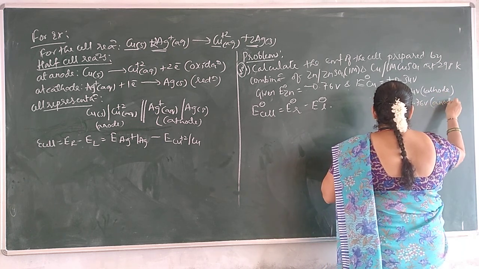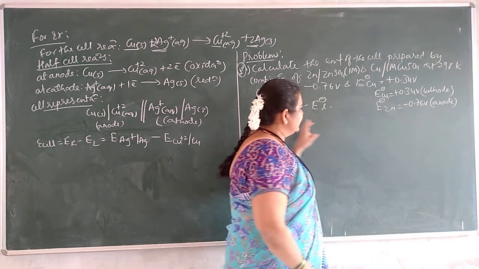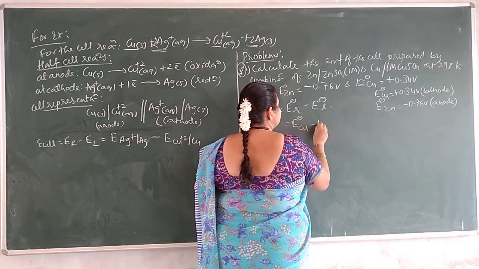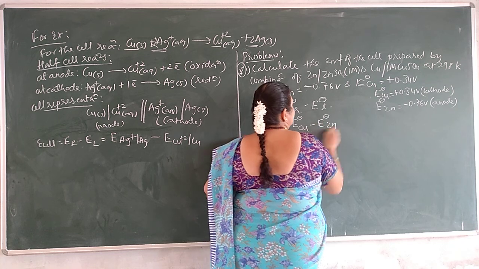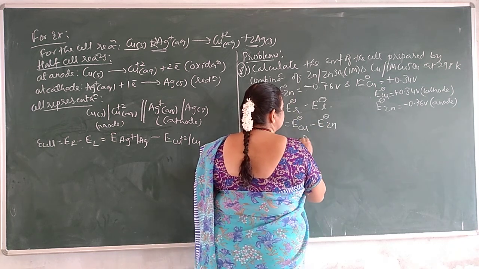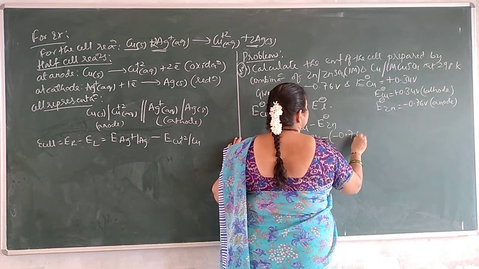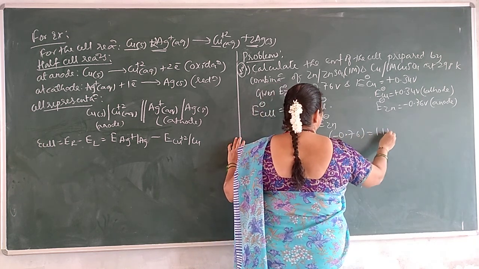So E0 cell is E0 Cu minus E0 Zn, that is equal to plus 0.34 minus of minus 0.76, totally 1.1 volts.